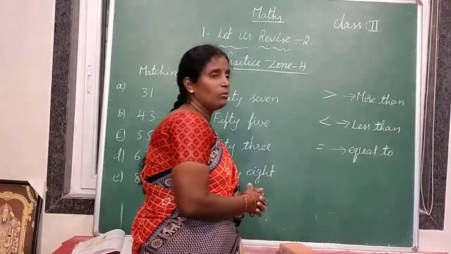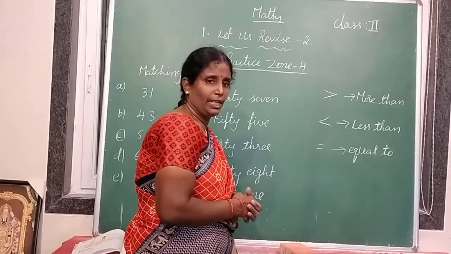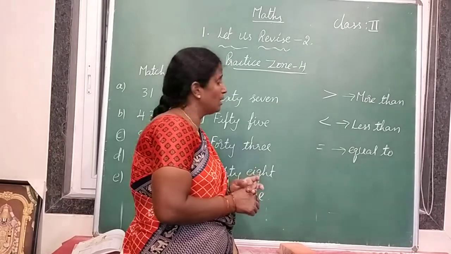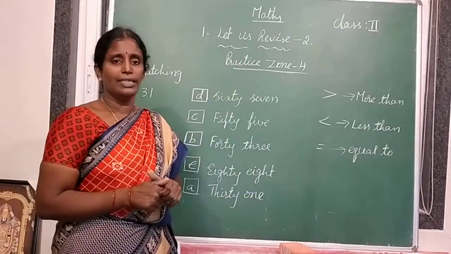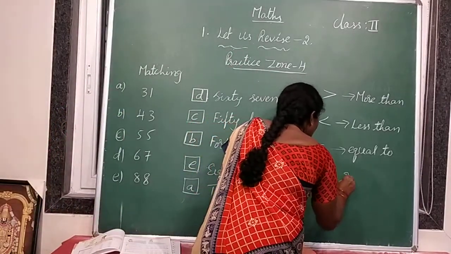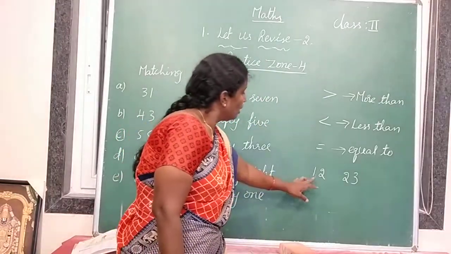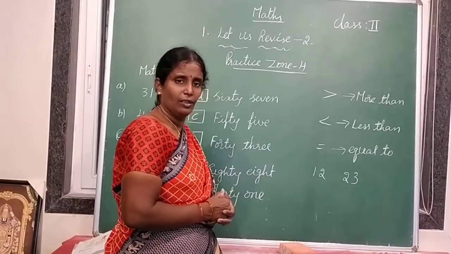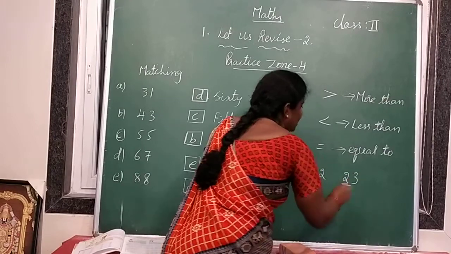When should we use the more than symbol? If the first number is greater, then we use the greater than or more than symbol. If the first number is smaller, we use the less than symbol. For example, 12 and 23. Here 1 is in the tens place and 2 is in the tens place.